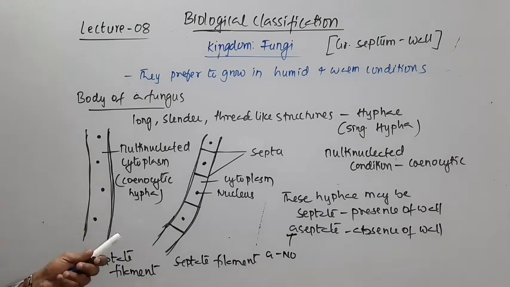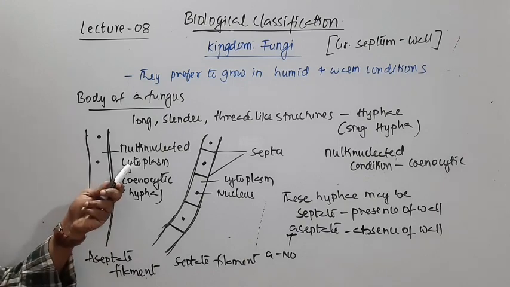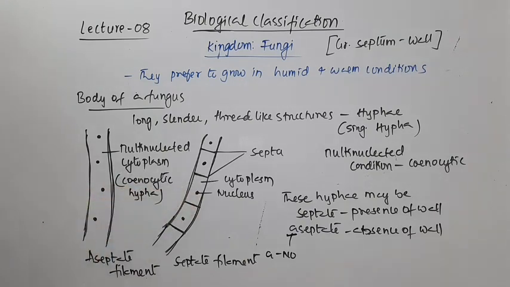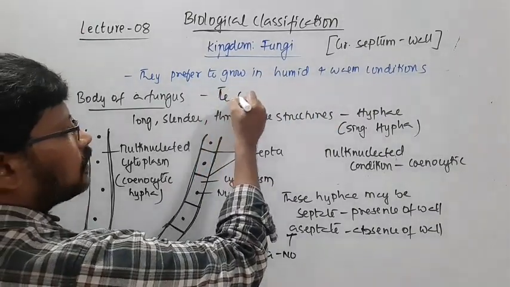So in this case we need to call it a multinucleated cytoplasm, and we are using coenocytic hypha. Of course, the multinucleated condition, I told you, is called coenocytic condition, and this is coenocytic hypha.